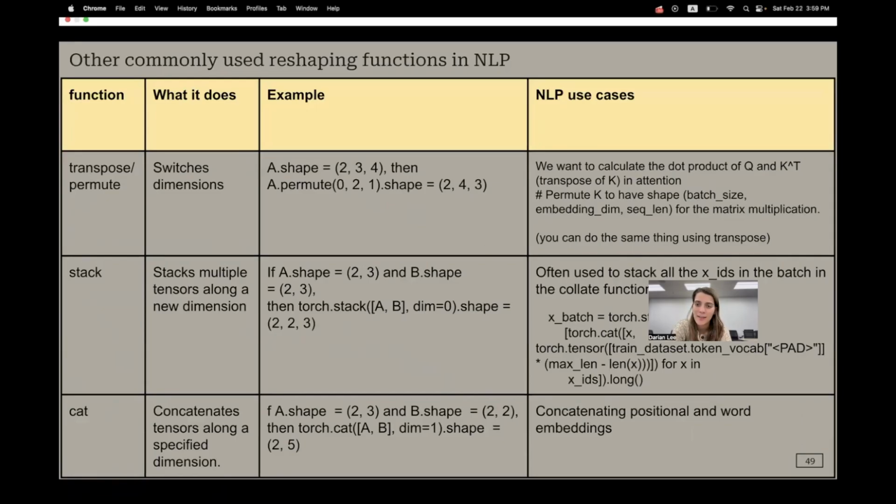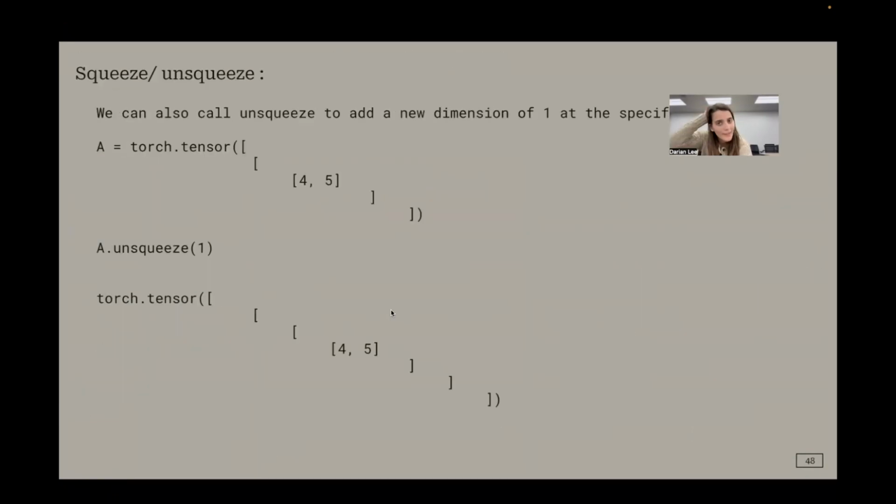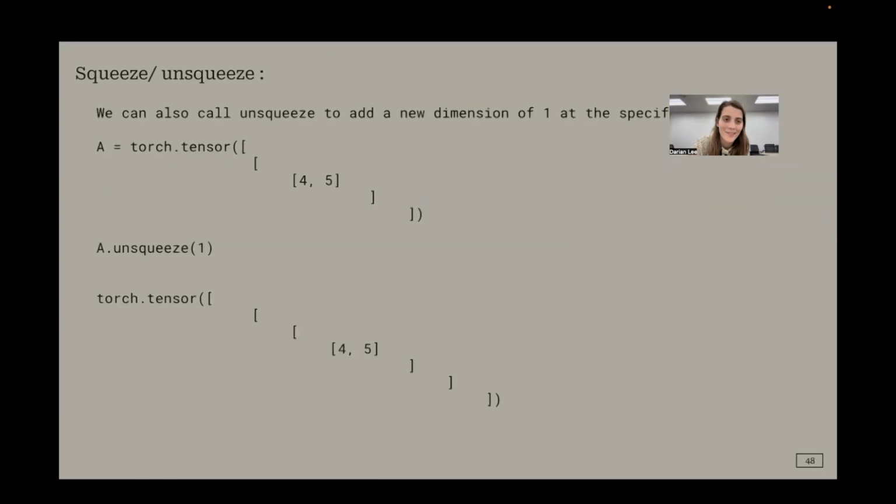Okay, so some other reshaping functions. First, I don't know if I talked about reshape yet, but you might be wondering, we're talking about view, but I've heard about something called reshape. What's the difference? The answer is that they are essentially completely similar. The only difference is how they are stored on the computer.